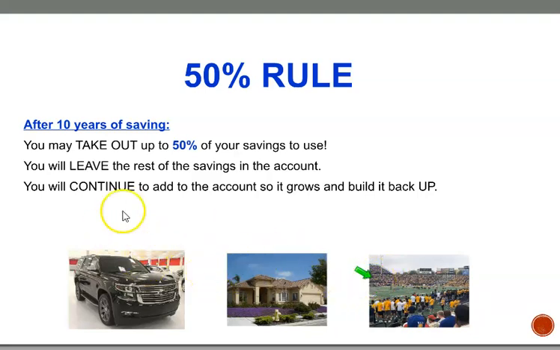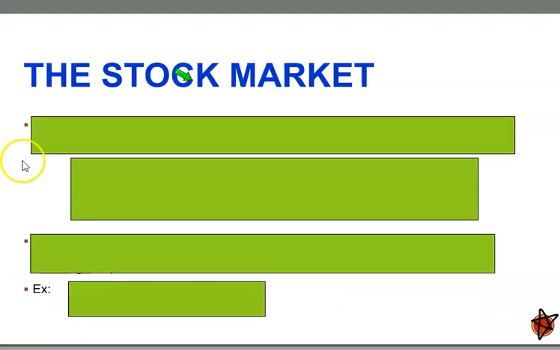So these are ways that you can still afford these things that you might need, or maybe you are giving yourself a reward for something you did. But the general rule is not to take out more than 50%. If you can take out nothing, that's great also, because that just means your money is growing more and more. It's there, it's yours, and it's just a rule, something to follow.